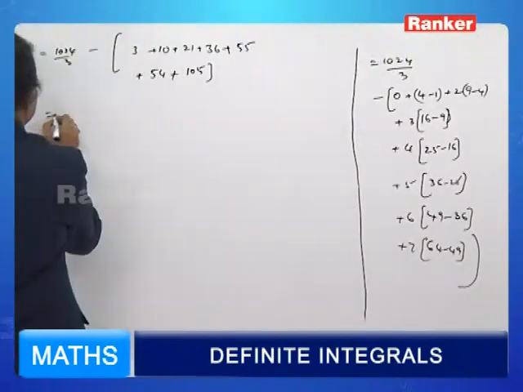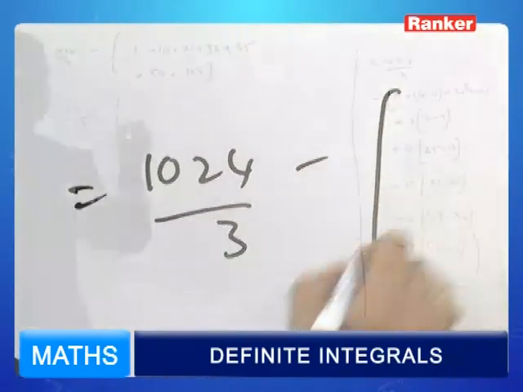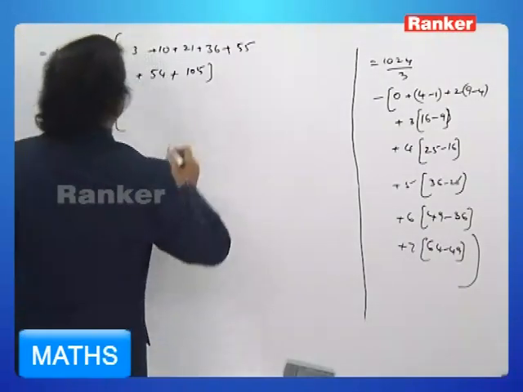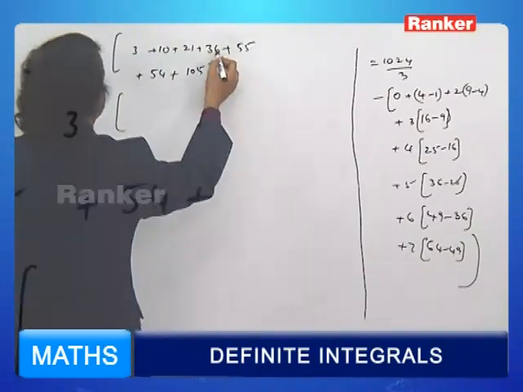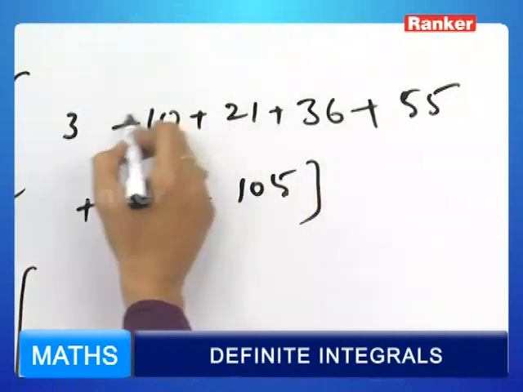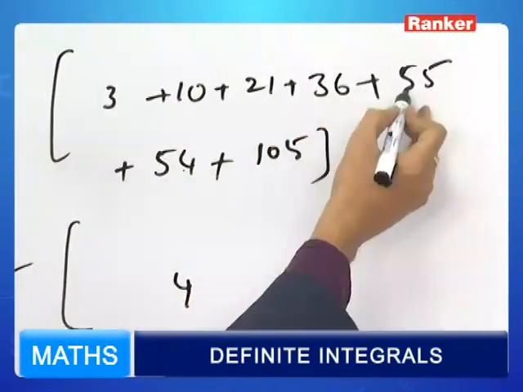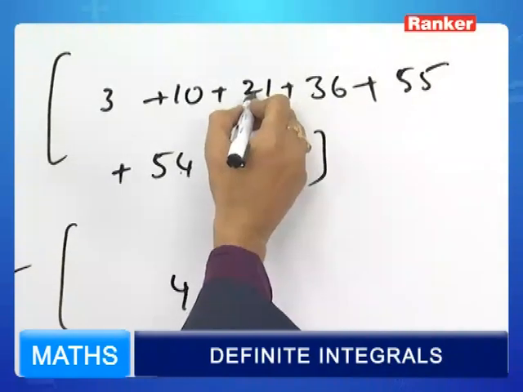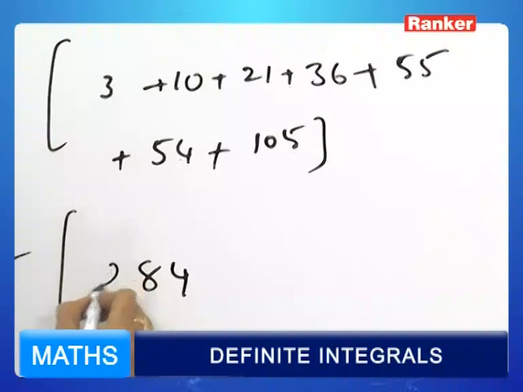So that this is 1024 by 3 minus, add all of them. 5, 9, 14, 20, 21, 24. 2, 7, 12, 15, 17, 18. 1 plus 1, 2.